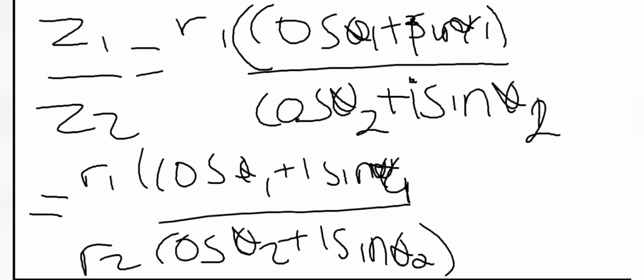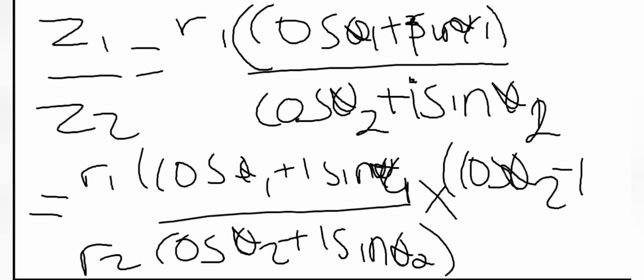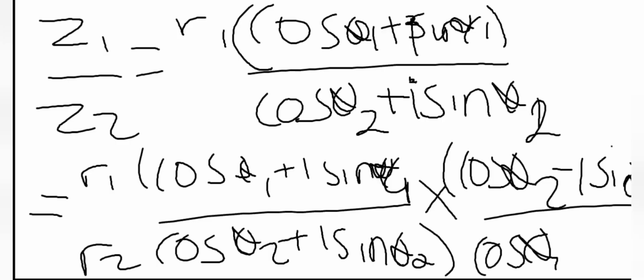Now we learned that when you are dividing complex numbers, you multiply by the conjugate of the denominator. So here we multiply by the conjugate of the denominator: cos theta 2 minus I sine theta 2.